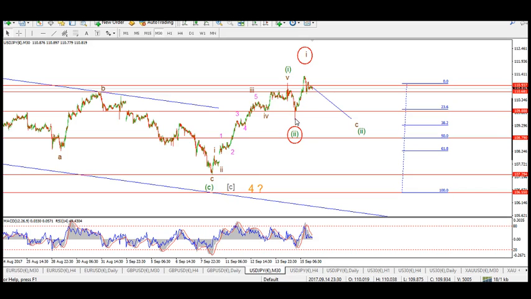So the cash market will differ slightly from that, but yeah, 109.50 or thereabouts. We have a 3-wave decline off that high as an A, B, C.